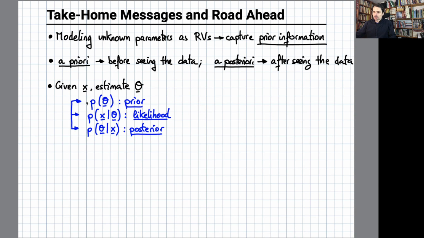This distribution was called the prior, this one was the likelihood, and this one is the posterior, okay? And note as well that the posterior is proportional to the likelihood times the prior, right? So this is sort of the golden expression that we must know whenever doing Bayesian estimation, okay?